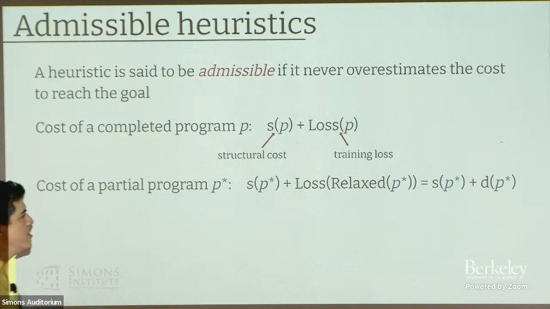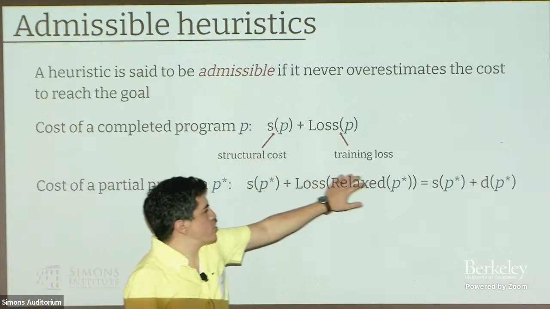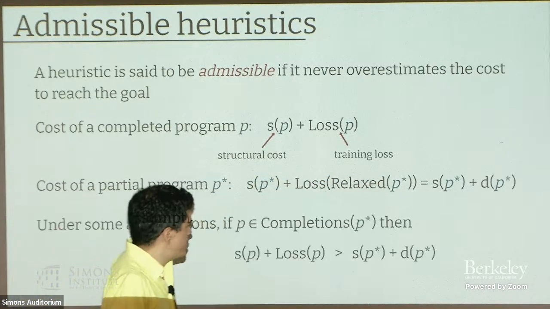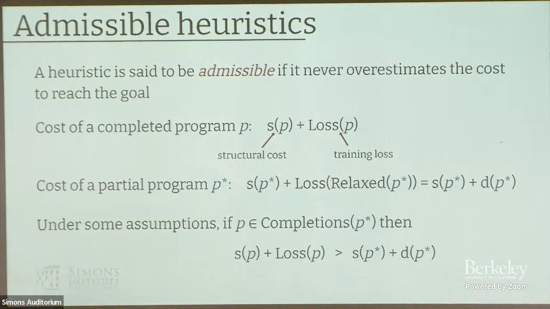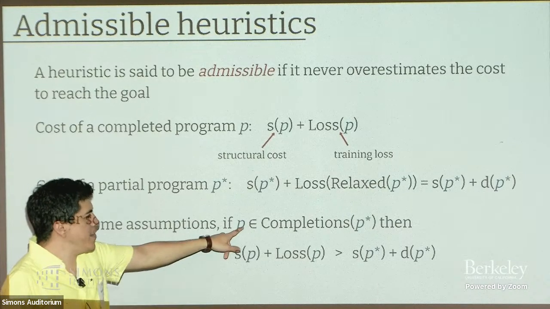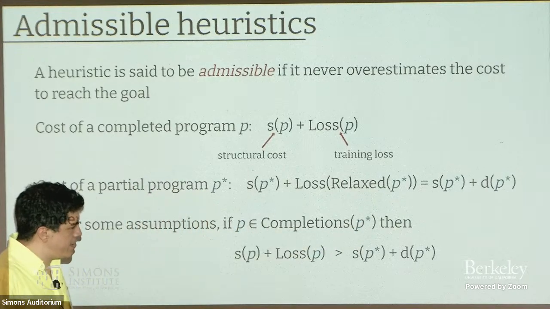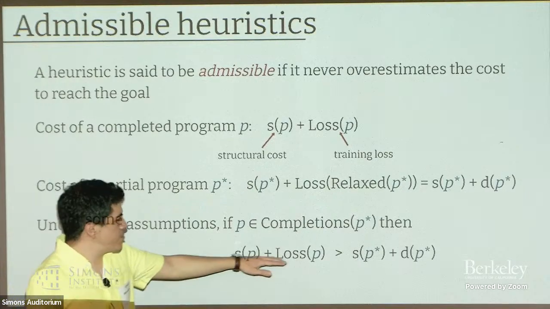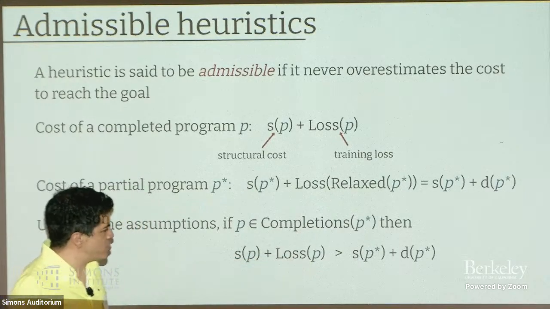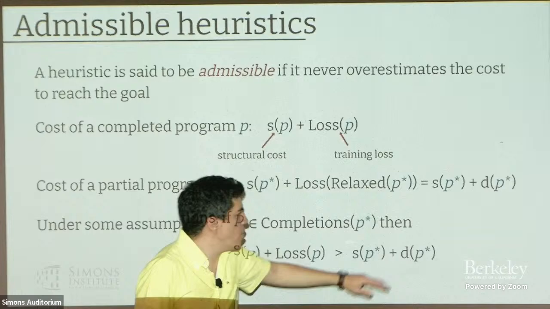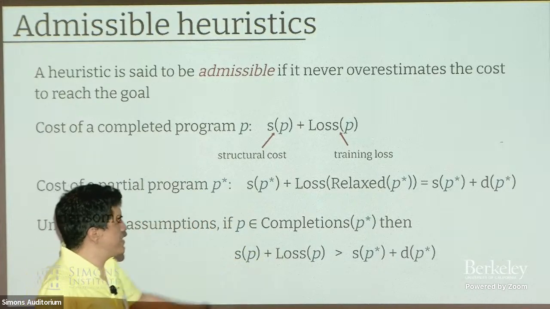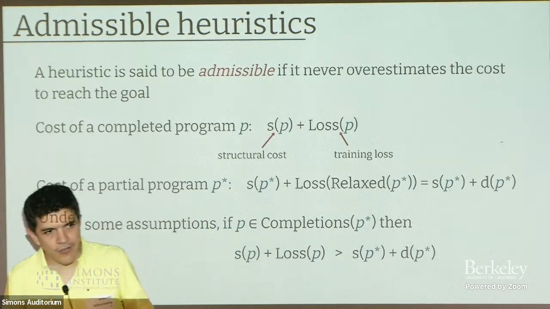And this is going to give me some loss. And the claim here is that under some, arguably pretty strong assumptions, for any possible completion of this partial program P star, the loss that I'm going to get from that completion is going to be greater than the loss that I get from my relaxed program.